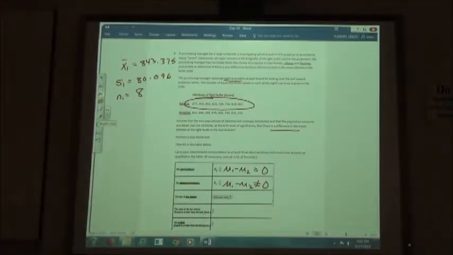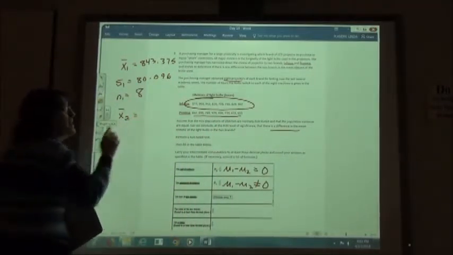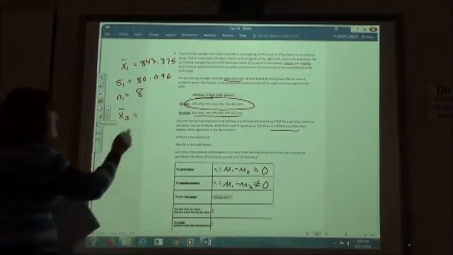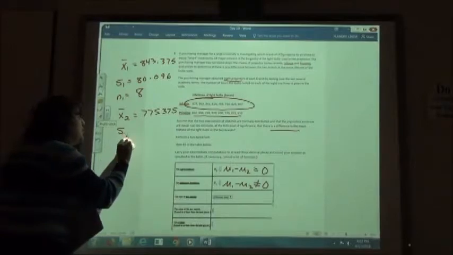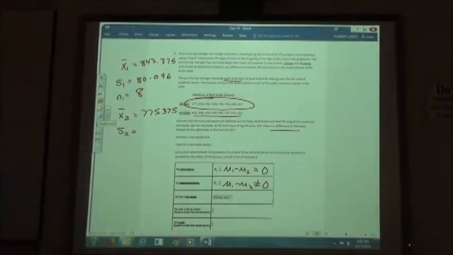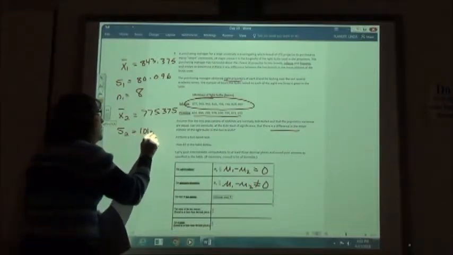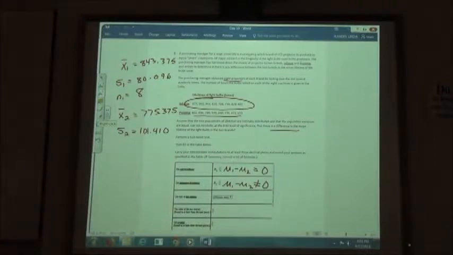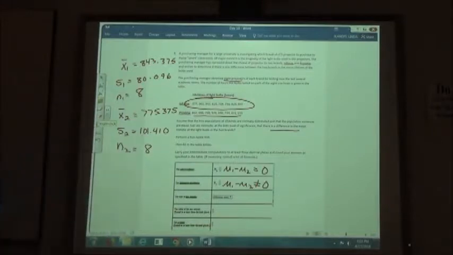On my second list of data, so on my bottom list of data, the mean of the second list was 775.375. My standard deviation for my second set of data is 101.410, and my number of values was 8 again, right?